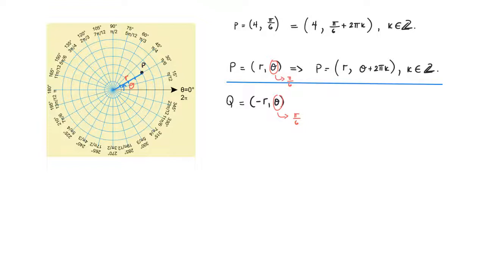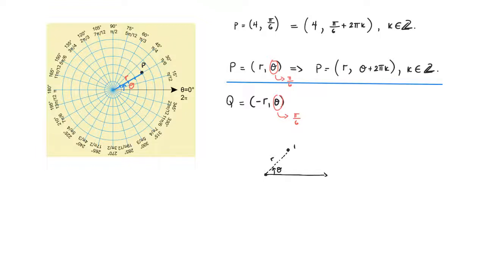Let me even do it here separately. Here is the pole. Here is the polar axis. We said that point P is going to be r units away from the pole and then theta radians away from the polar axis.